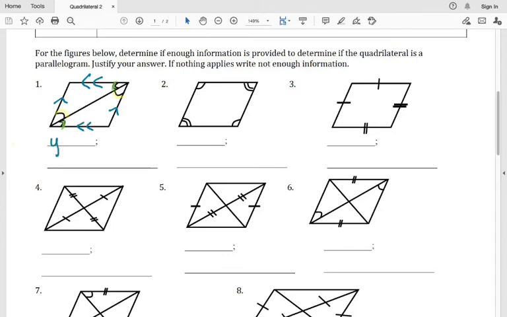So yes, that's enough information to prove that that quadrilateral is a parallelogram because both pairs of opposite sides are parallel. Okay, on the next picture, yes, you can prove that that is a parallelogram. And that's because both pairs of opposite angles are congruent.